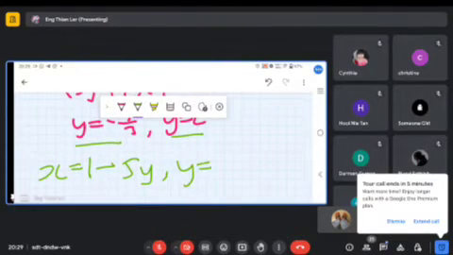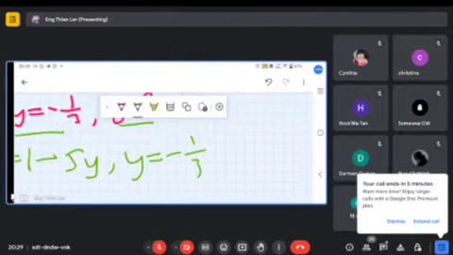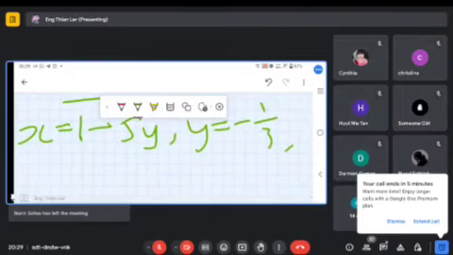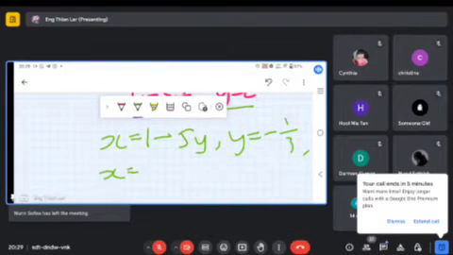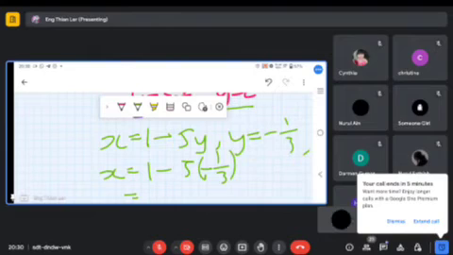When y equal to negative 1 over 3, x will be equal to 1 minus 5 times negative 1 over 3, and this will equal 8 over 3.